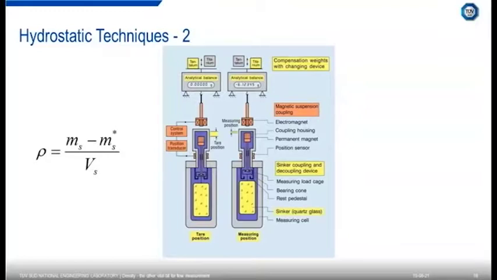So if we know the true mass, m sub s, we measure the apparent weight of the body in the fluid, m sub s star, and we know the volume, we can calculate the density. Again, it looks simple. In practice, there's a lot more to doing that to get a good result, but the principle is simple.